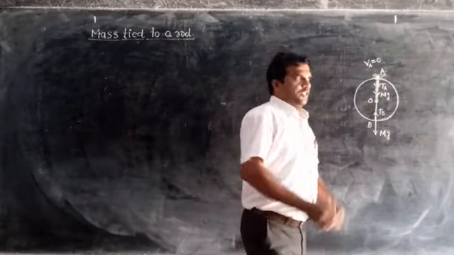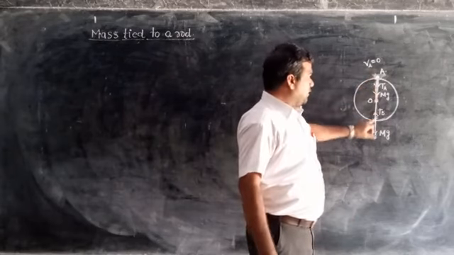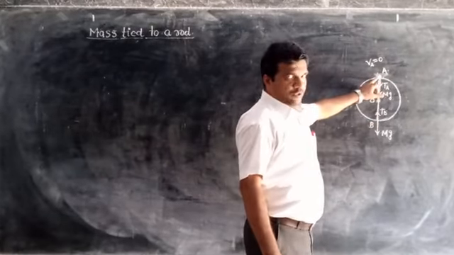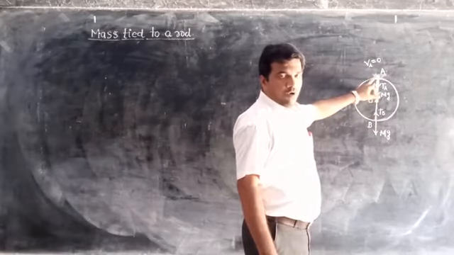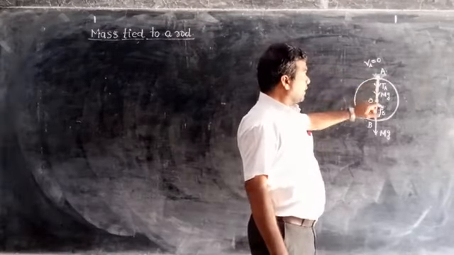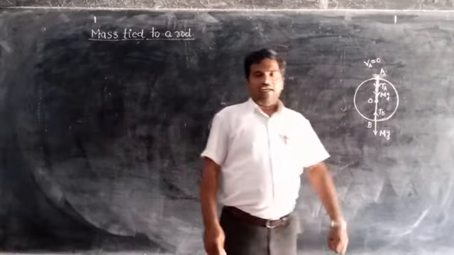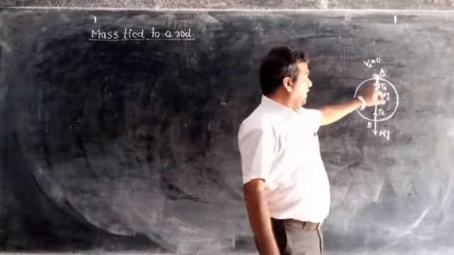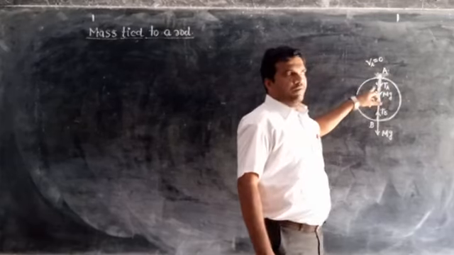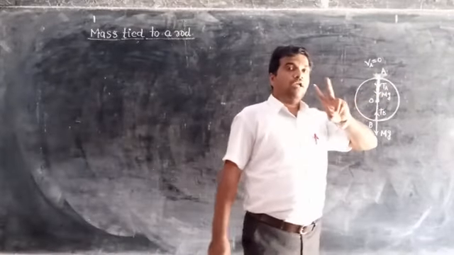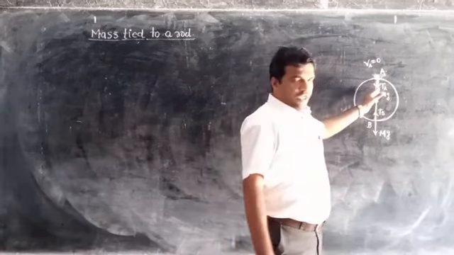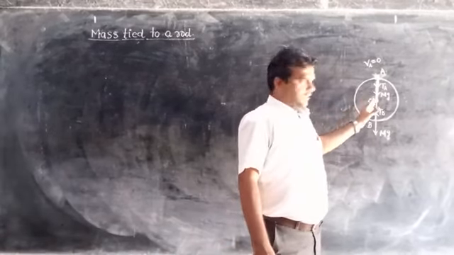There are two positions. One is A, second is B. B is the lowest position. A is the highest position, or uppermost position, or topmost position. Now the tension acting on this mass at point A is TA, and the second force is mg. Means there are two forces acting on this mass: one is the tension and second is the weight.